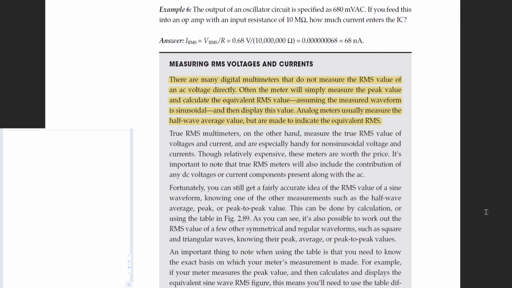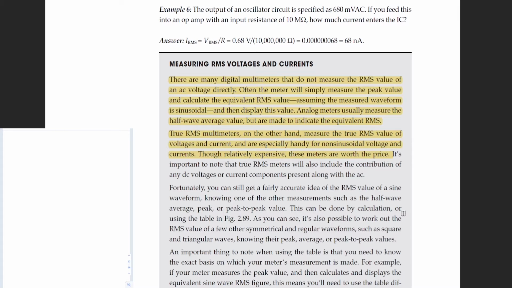It's important to note that true RMS meters will also include the contribution of any DC voltages or current components present along with the AC.